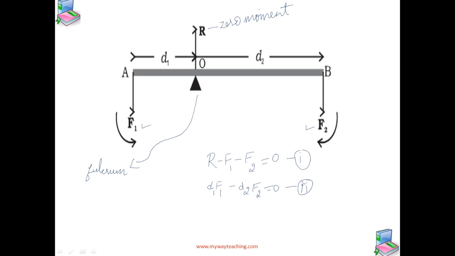In the case of a lever, force F1 is usually some weight to be lifted. It is called the load, and its distance from the fulcrum, d1, is called the load arm.